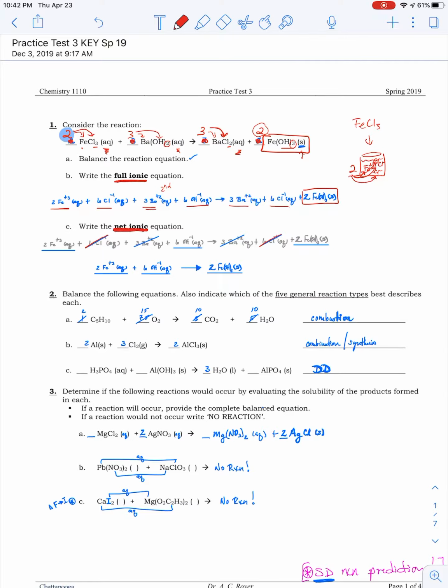So you might go back and check and see if you left something out of the full ionic. And then also the bariums are what's the same. And then this is what I leave when I write. This is what I write when I'm done. And by the way, the spectator ions, those are the ones that got canceled out. So they would be Ba plus 2 and Cl minus.